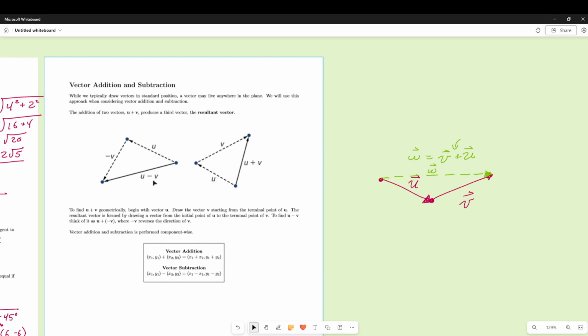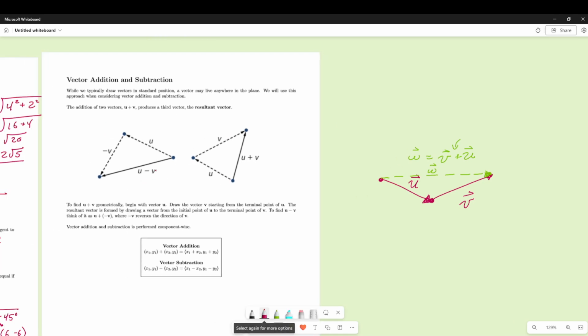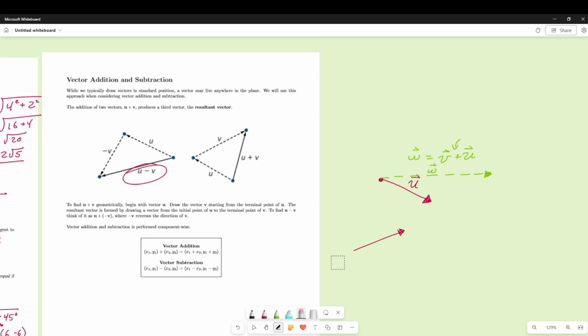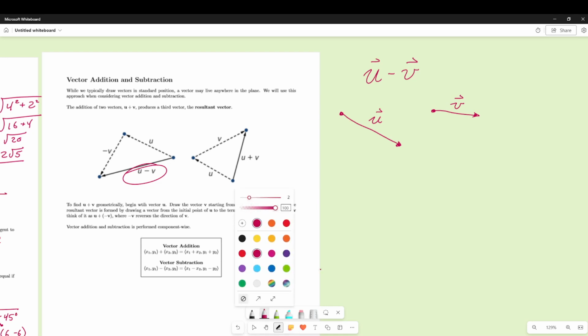Now, if you want to subtract two vectors, if we want to find the vector v subtracted from the vector u, so u minus v, and we have a vector u, this is u, and we have some other vector v, and we want to subtract them, well, it might help to remember that subtraction's not really a thing.